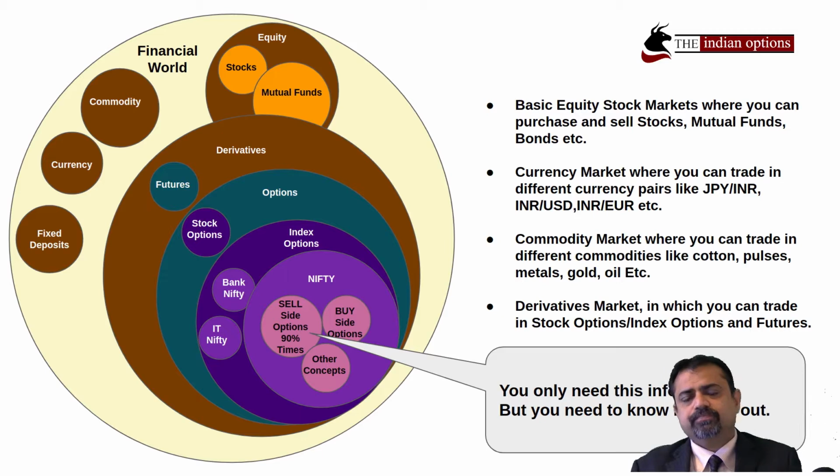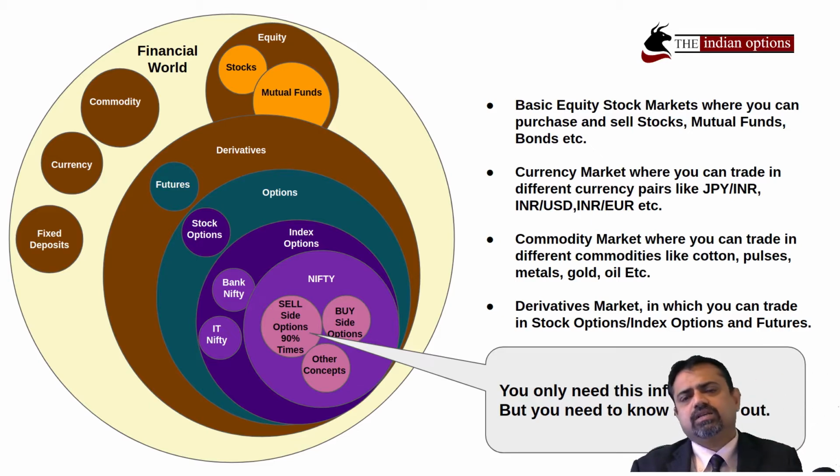So that's about it. Now in the commodity market, what happens? Anything can be sold or purchased. Commodity means cotton or corn or silver, gold, iron ore, or anything that can be sold or purchased in a commodity market.